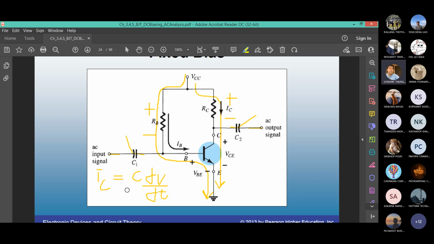I don't think so. No, it's a constant voltage. If you take d dt of a constant voltage, you get 0. So 0 current, which means open circuit. And why do we take constant voltage? We are doing DC voltage analysis. We have not come to AC yet. AC will be next week.